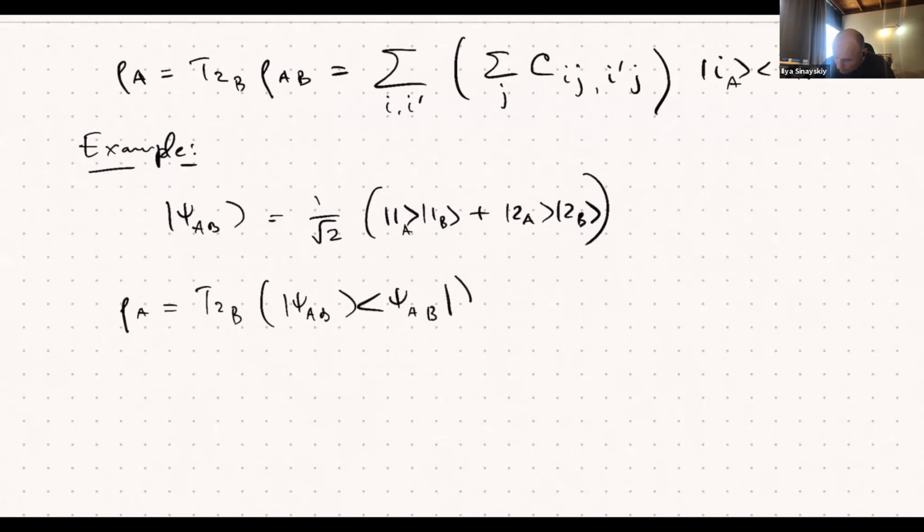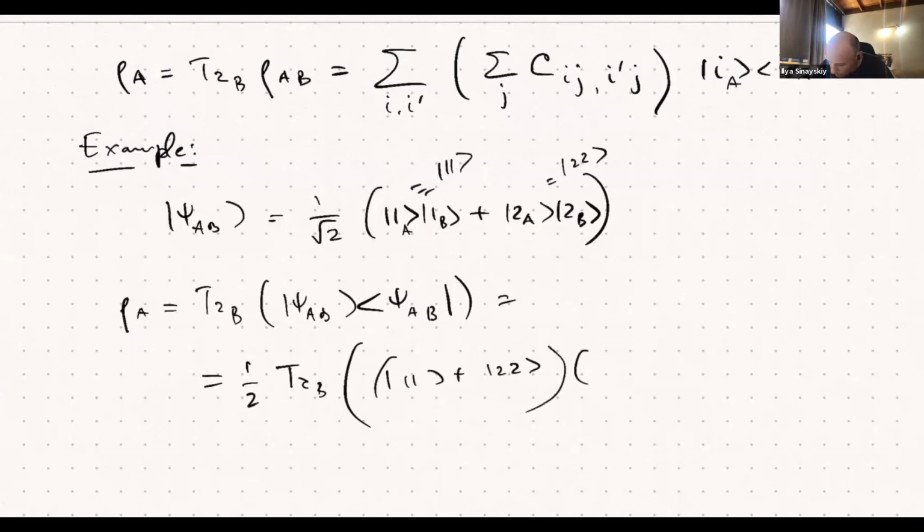And here we can write it explicitly: trace over B. And for simplicity, let me write it like 1, 1 and 2, 2, but we respect the order. So 1, 1 plus 2, 2 on 1, 1 plus 2, 2.